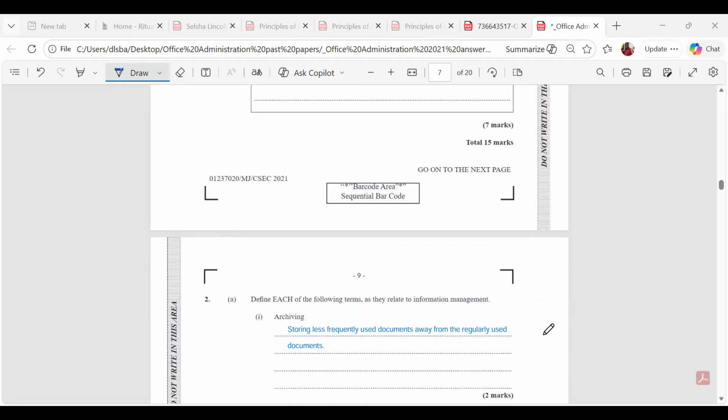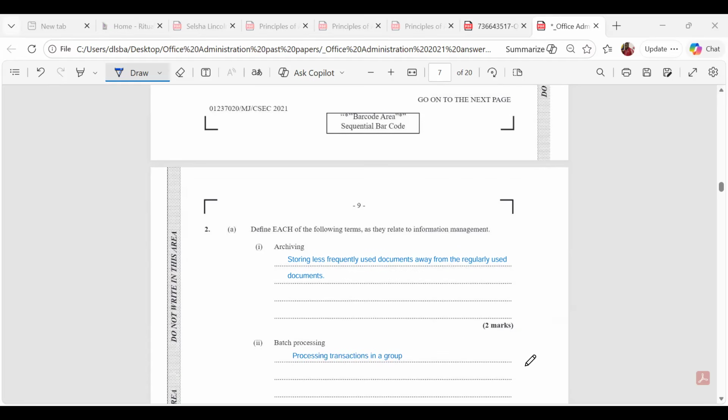If you go in your WhatsApp and you archive a chat, it doesn't keep it with the other chats, it keeps it somewhere else, out of sight. It's just like that with the documents. You're storing it somewhere else, so it wouldn't take up space with the regularly used documents. And batch processing is processing documents in groups.